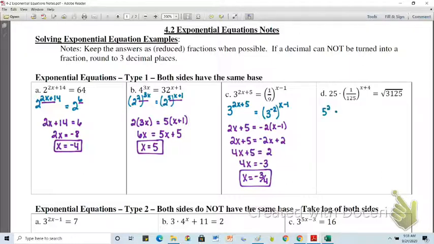Bring down the times sign. 1 over 125 is 5 to the negative 3. Bring down the x plus 4. And 3,125 is 5 to the 5th. Remember, square root is raising it to the 1/2 power.